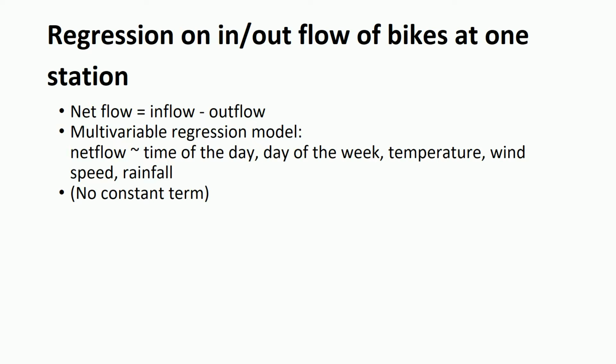Secondly, we do regression on inflow or outflow of bikes at one station. Here we introduce net flow, which equals inflow minus outflow. Since there are 498 stations, we just choose 10 random stations. Then we build a multi-variable regression model.